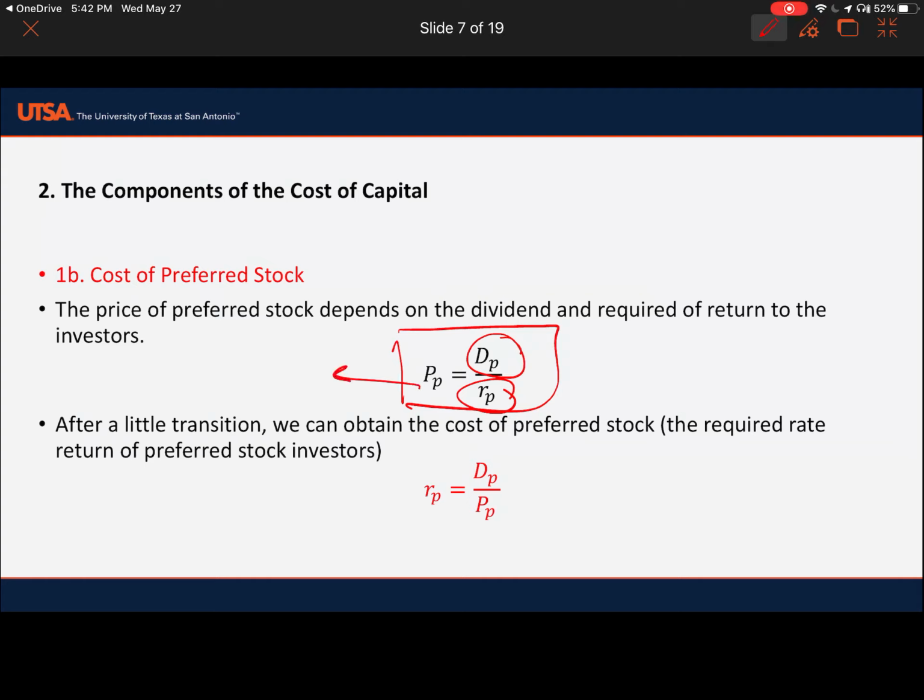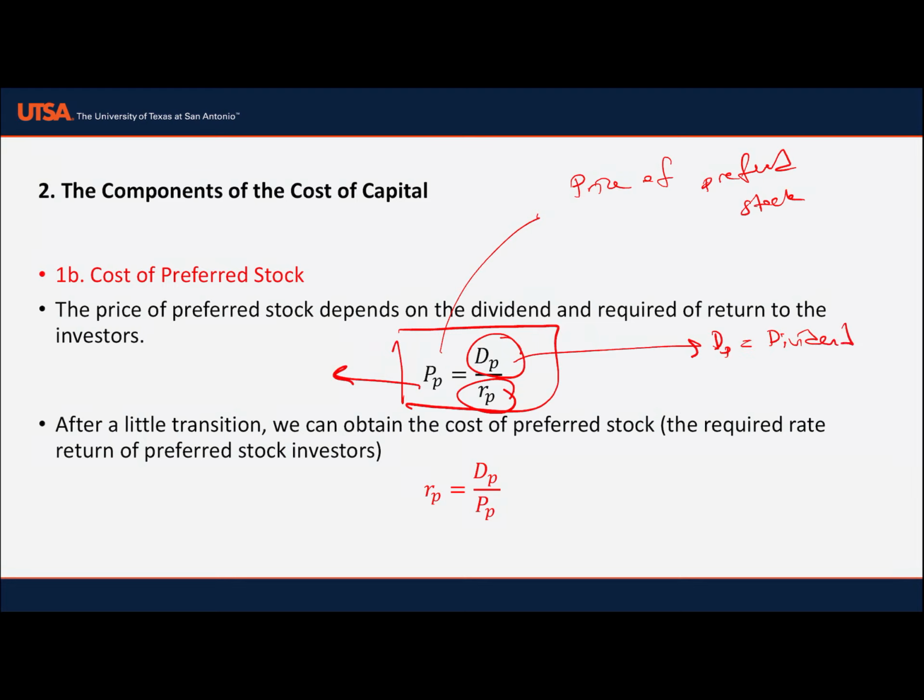So P_P is the price of preferred stock, and D_P is the dividend paid by the preferred stock, and R_P is the return required by investors to induce them to buy the preferred stock.